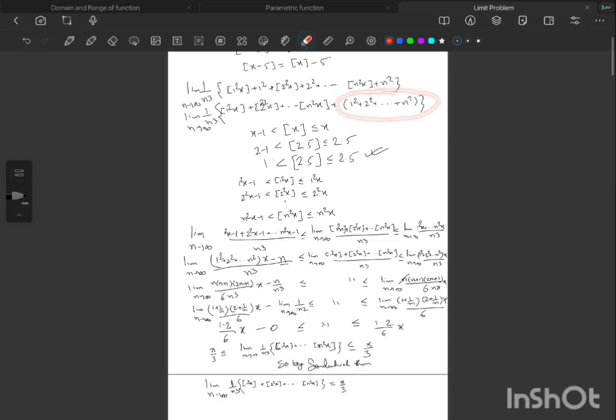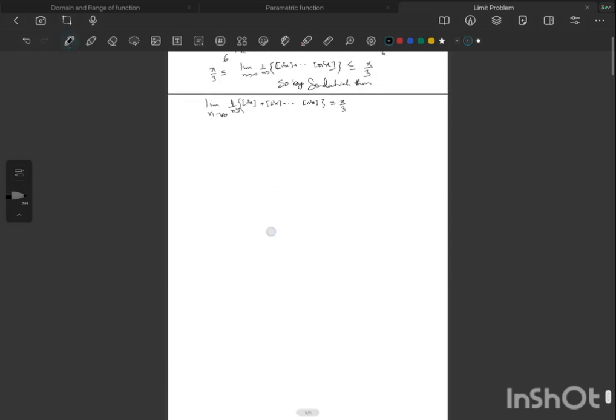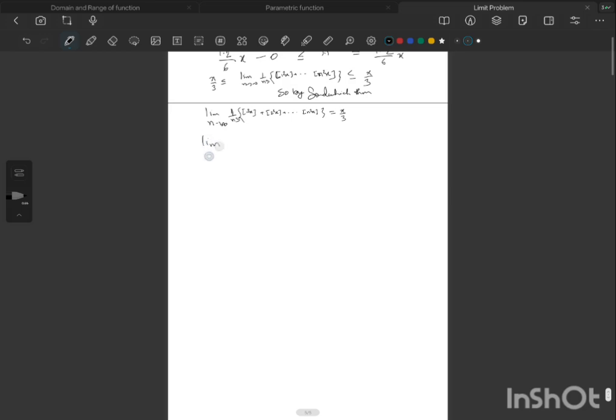Since we distribute n cube, we have to take the n cube on this side also, because distribution will occur. So now we evaluate the limit n tends to infinity of 1 square plus 2 square plus dot plus n square divided by n cube. Apply the sum of the squares of the first n natural numbers: n into n plus 1 into 2n plus 1, divided by 6 n cube.